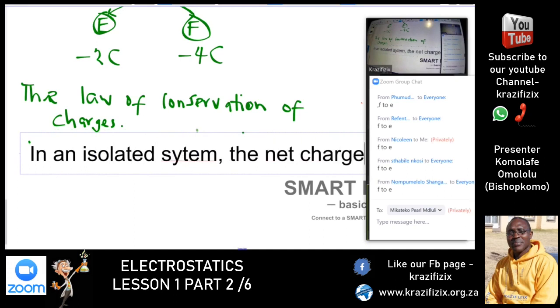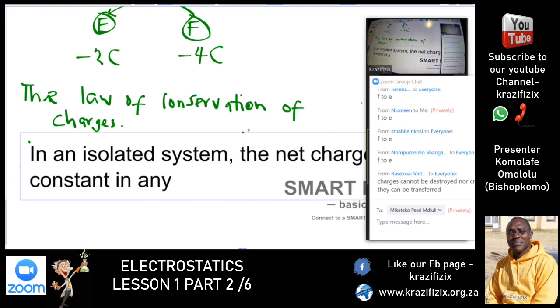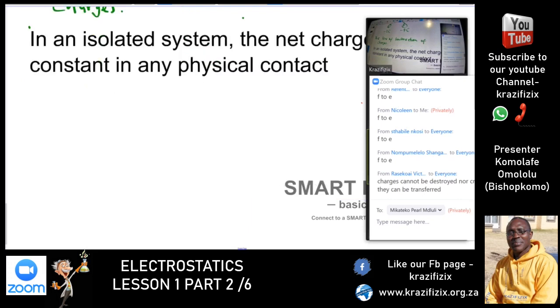In an isolated system, the net charge remains constant in any physical contact.